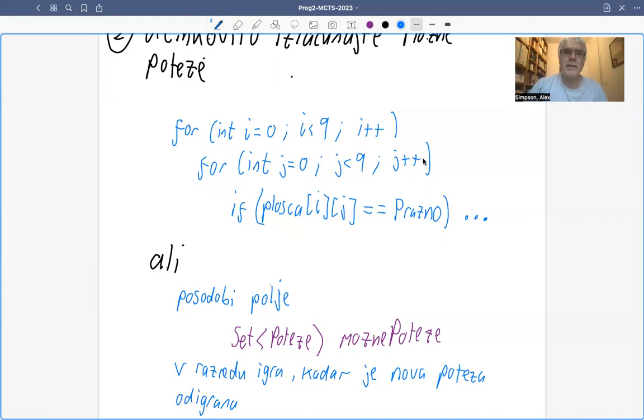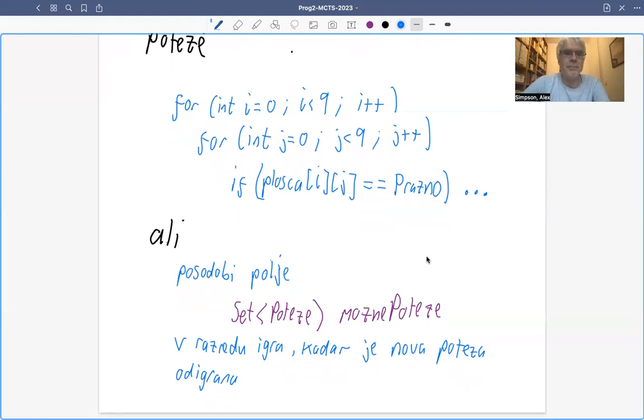Let's make that clear. And a move is possible if we're playing, say, Capture Go, if the intersection on the board at coordinates ij is empty. So you can simply test that, and then you get the list of possible moves. Okay, that's the easiest thing to do.